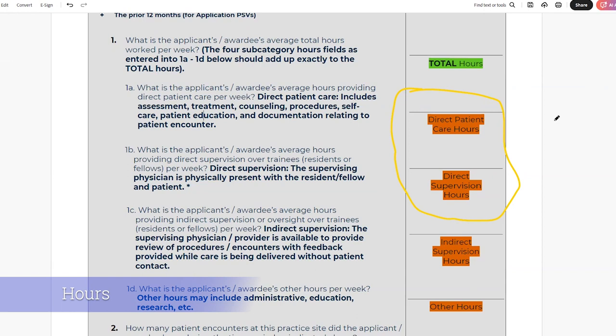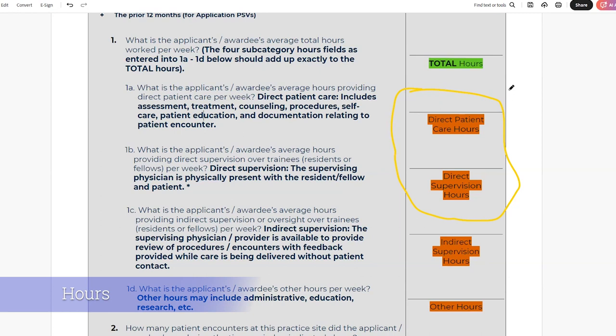So if your total hours are 40 up here, then your direct patient care and direct supervision below shouldn't be double counted as 40, because we would interpret that as 80 total hours. The subcategories are exclusive of each other, and even though the combined hours of direct patient care and direct supervision are both accounted for when evaluating if you're meeting your designated hours, they should still be reported separately for tracking purposes.